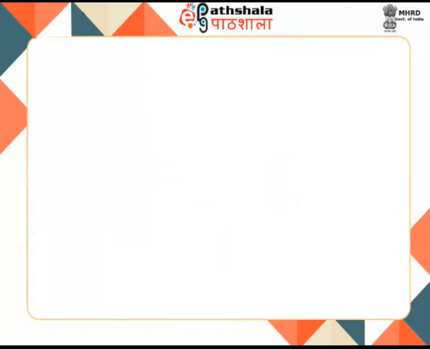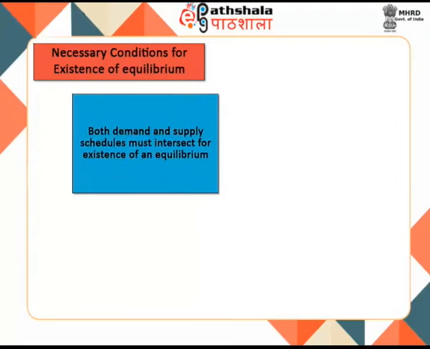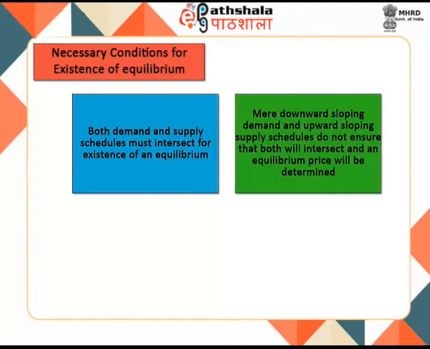Let's now discuss the necessary conditions for the existence of equilibrium. It's necessary to emphasize that both demand and supply schedules must intersect for an equilibrium to exist. Mere downward sloping demand and upward sloping supply schedules do not ensure that both will intersect and an equilibrium price will be determined.